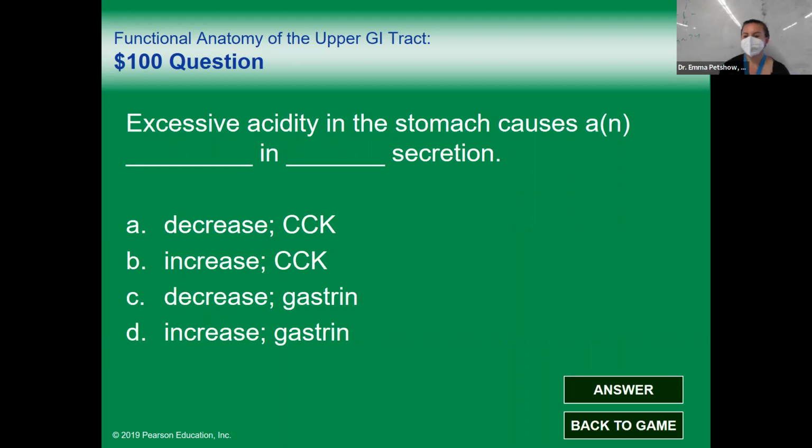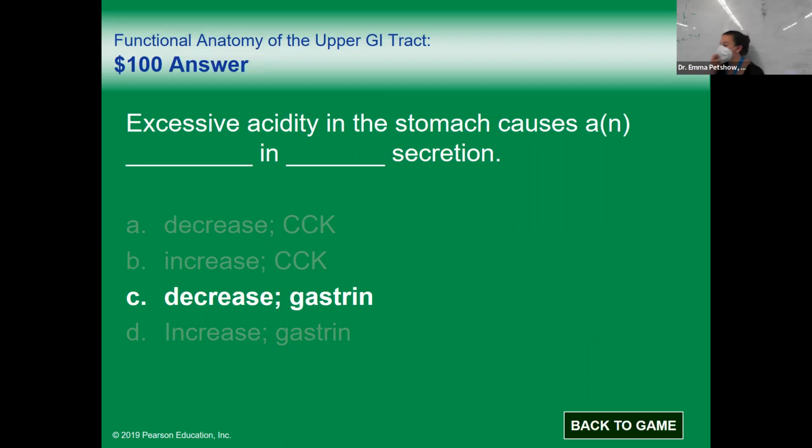Good. It's going to decrease gastrin, right? What's gastrin's action? Increases stomach acidity, makes the stomach more acid. So if we have too much acid, we're going to want to decrease gastrin secretion.